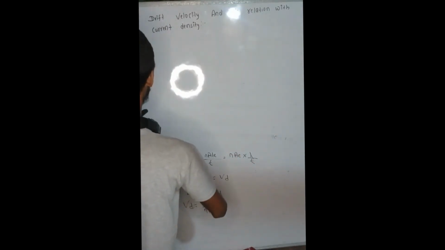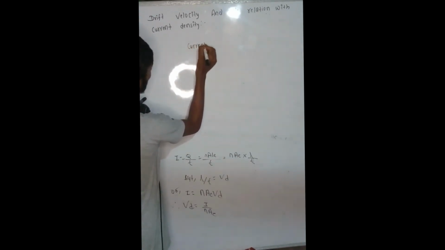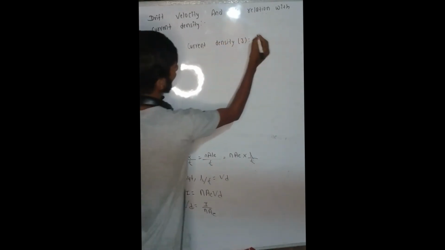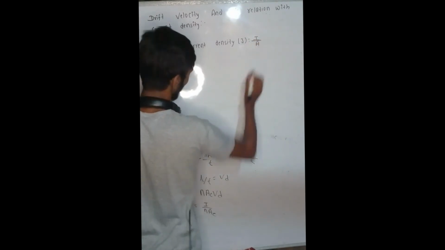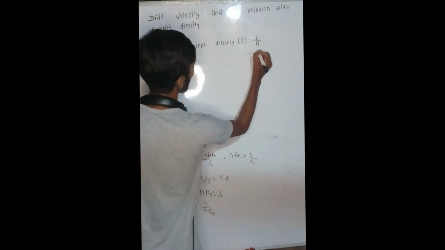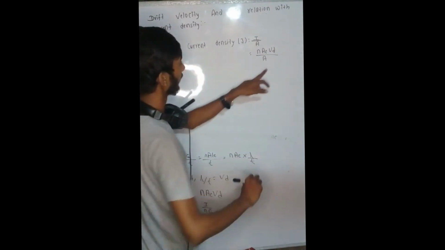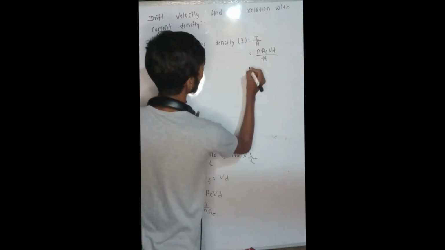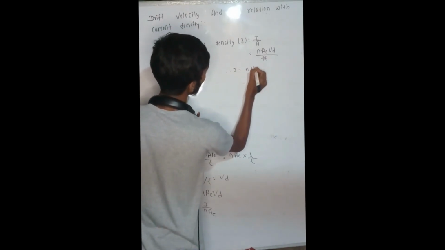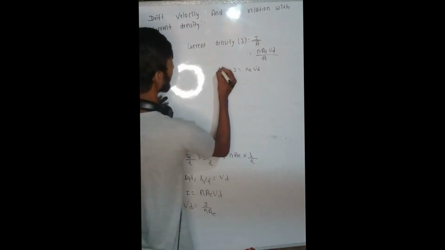We have current density J equals I upon A, and we can write I equals nAeVd. So J is equal to nAeVd upon A. Now we can cancel A. The remaining is J equals neVd. This is the required equation.